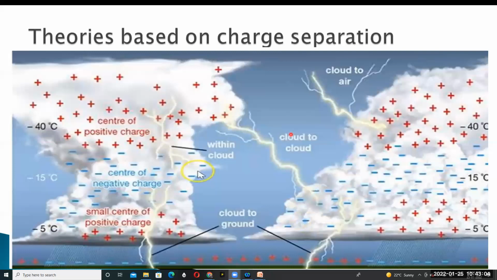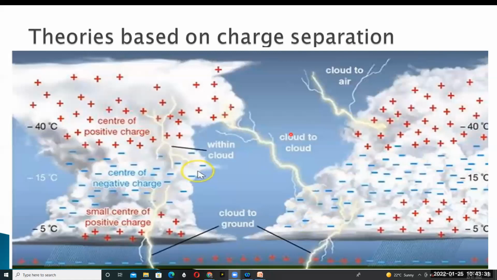The mechanism of charge formation in the clouds and their discharge is a quite complicated and uncertain process. A lot of information has been collected over the last 50 years, and several theories have been put forward to explain this lightning phenomenon.